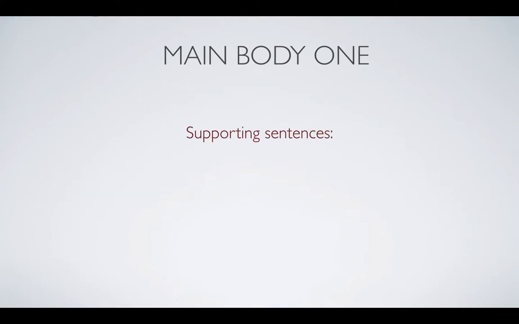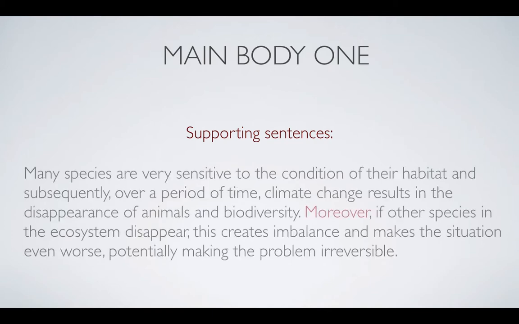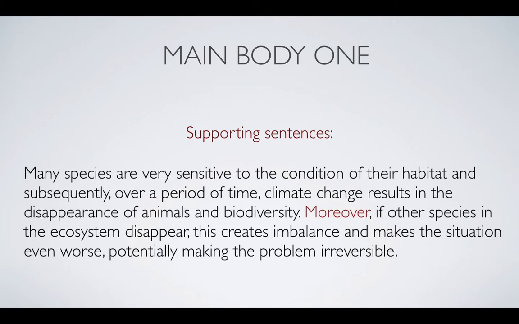Now we need to write some supporting sentences. We need to support the topic sentence. So many species are very sensitive to the condition of their habitat, and subsequently, over a period of time, climate change results in the disappearance of animals and biodiversity. Then I've got the phrase moreover, so I'm adding a little bit more information here.